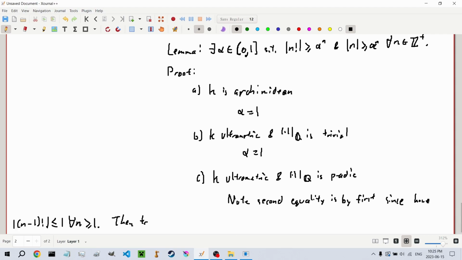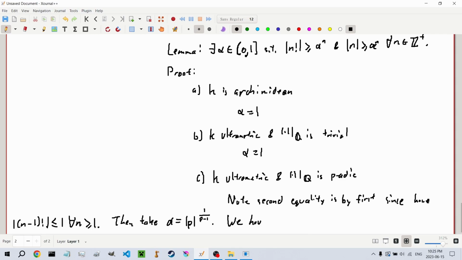Then we take alpha to be the absolute value of p to 1 over p minus 1.